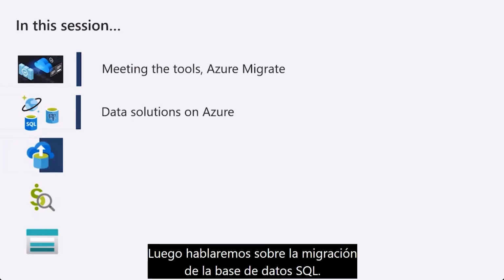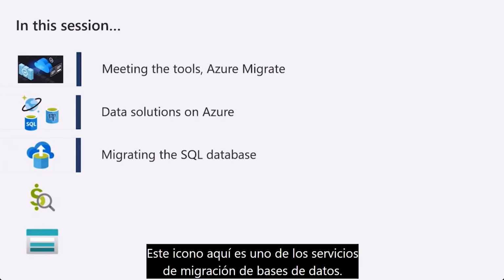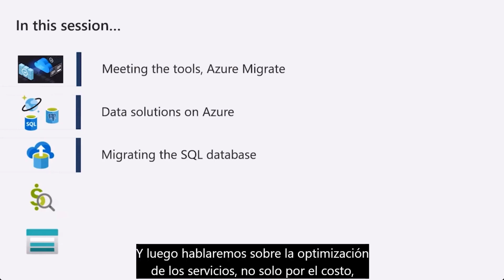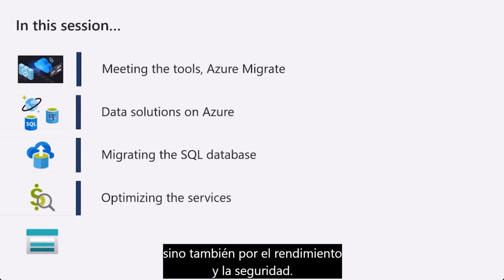Then we'll talk about migrating the SQL database itself. This icon here is the one of the Database Migration Service. This is a new tool that I will introduce, and then we'll do the migration itself in the demo. And then we'll talk about optimizing the services, not just for cost, but also for performance and security.